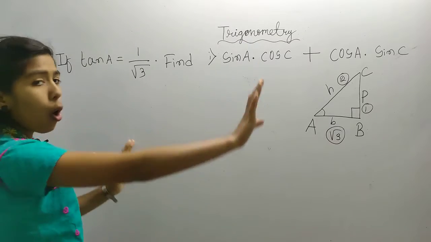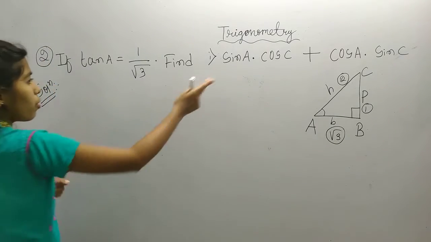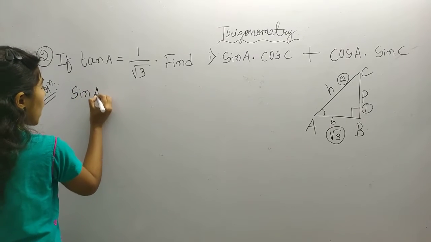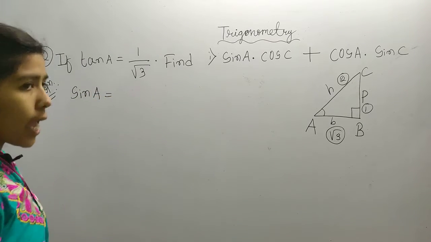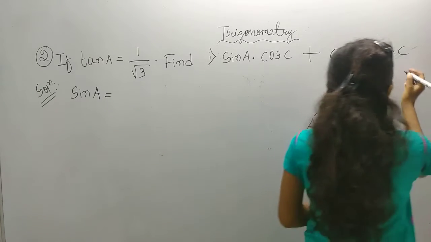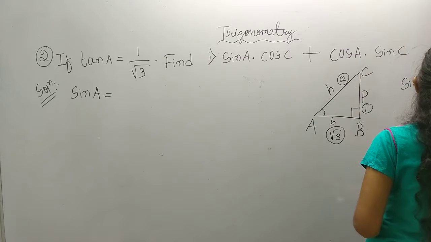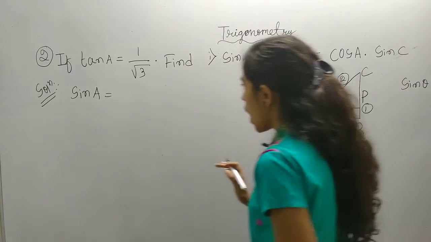So let's write first. First we will bring all the values. First of all, what is there? Sin A. So what is sin A? You write here the formula. Sin theta equals P by H, perpendicular by hypotenuse.